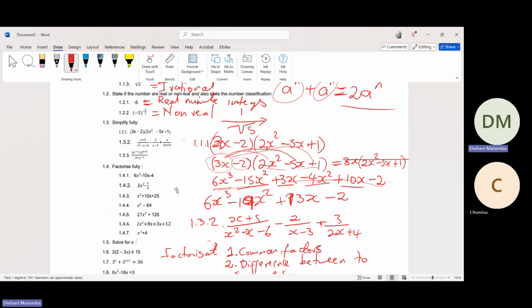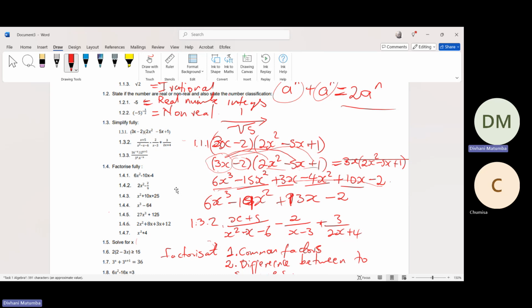Number one, the types of factorizations. The first one, taking out the common factor. You remember? Yes, sir.